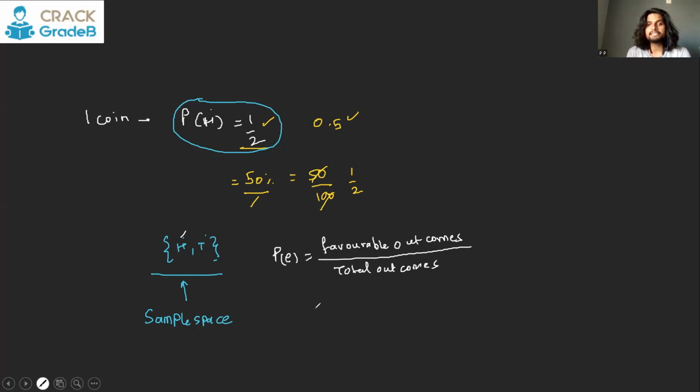And total outcomes basically means the size of the sample space. How many elements are there in the sample space? There are 2 elements in the sample space, and out of which our favorable outcome is going to be 1. And that is why the probability is 1/2. That is the reason we write probability in fraction form and not in percent form or decimal form. Otherwise, everything means the same, as I said.